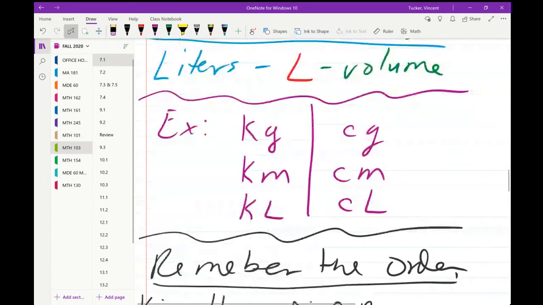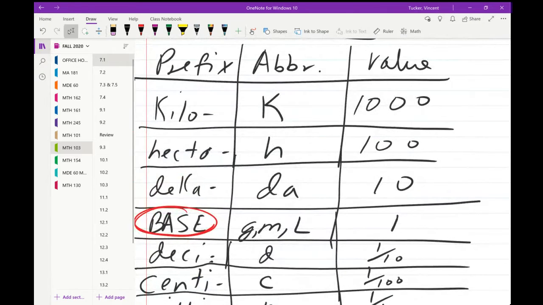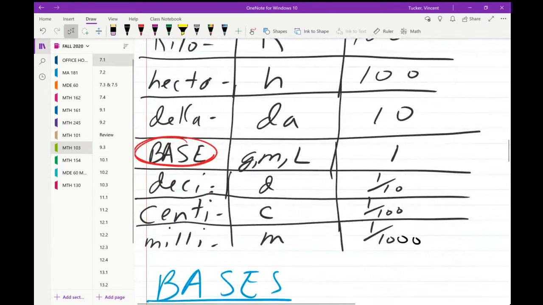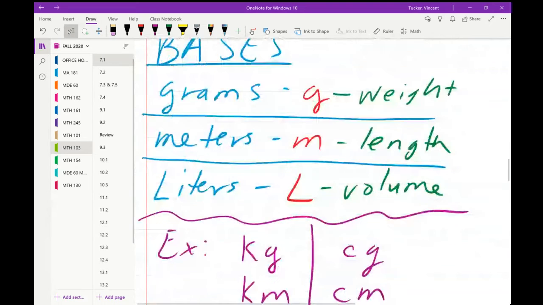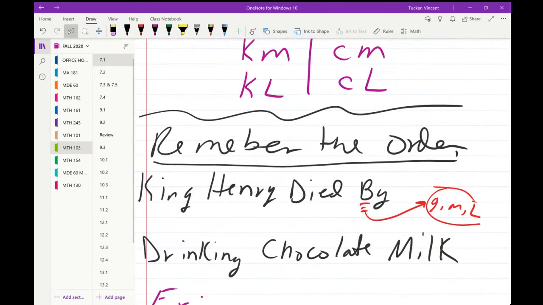All right, so the order is going to matter. If I go back here, notice you have your values of 1/10, 1/100, 1/1000. So the order matters as far as their value is concerned. So you need to keep that order. The way you can remember the order is: King Henry died by drinking chocolate milk.